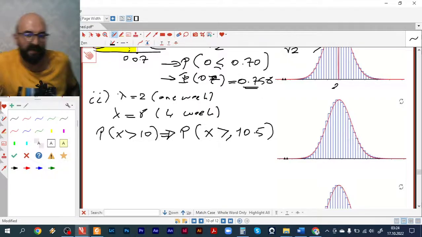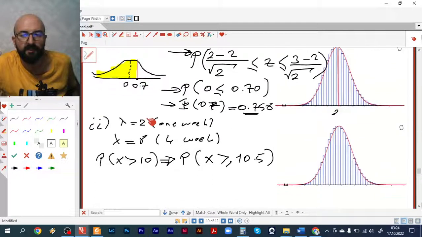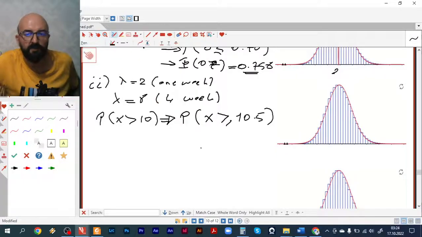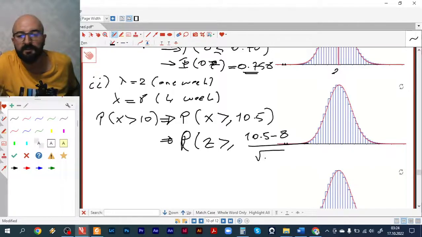They tell us exactly over 10, so we will convert to the z value: the probability of z greater than or equal to 10.5 minus lambda over the square root of lambda.